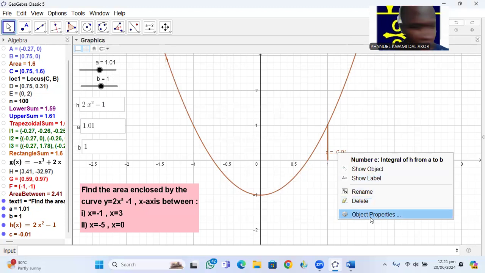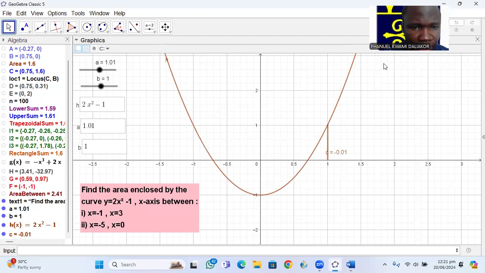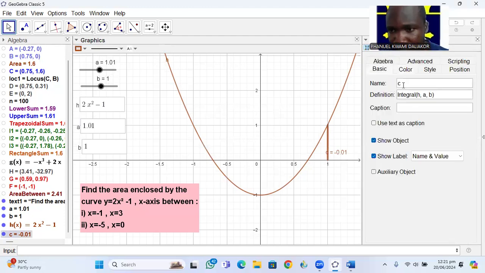We are asked to find the area enclosed. Okay, so we'll do that. Area enclosed.